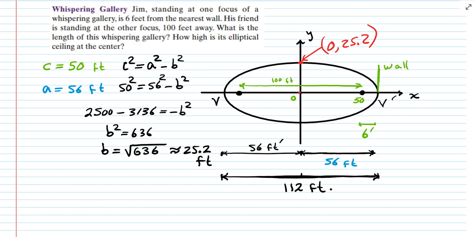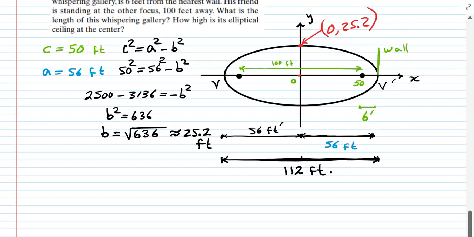And that's it. I guess that's all we wanted to do. Now, if you want the equation, by the way, we don't need to find the equation. As you can see, we answered the question, but the equation would be, because center is at 0, 0, x squared over a squared plus y squared over b squared equals 1.